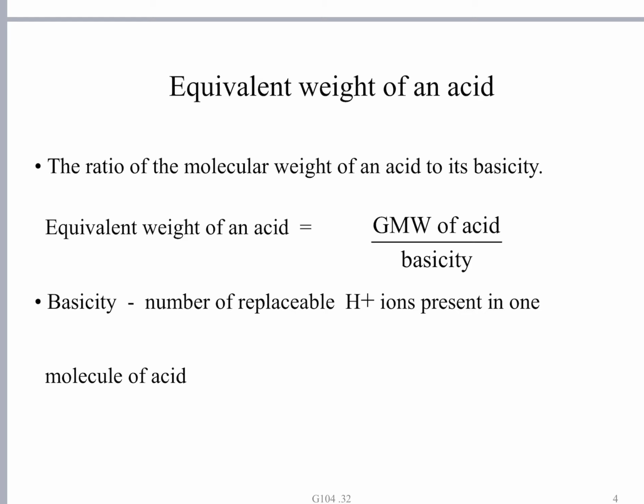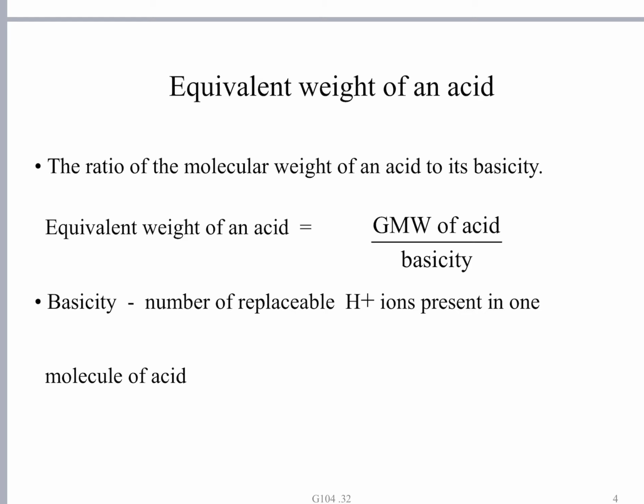For example, let us say HCl. Imagine HCl is reacting with NaOH. You will get the product NaCl plus H2O. It is of course a well known neutralization reaction. So, here how many hydrogens are being replaced from HCl?